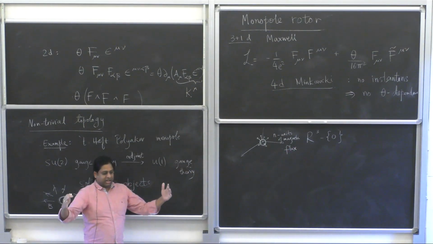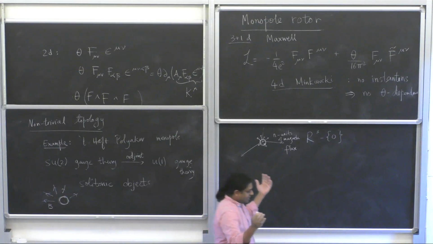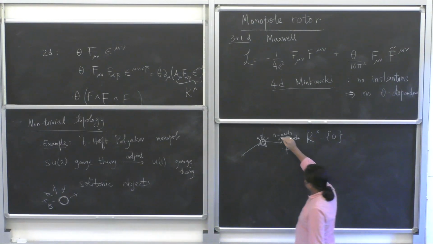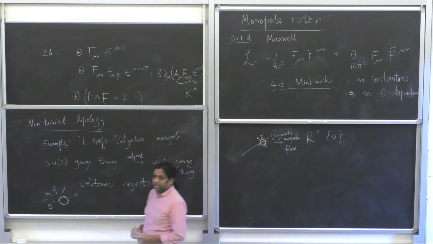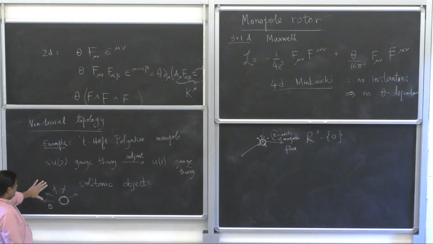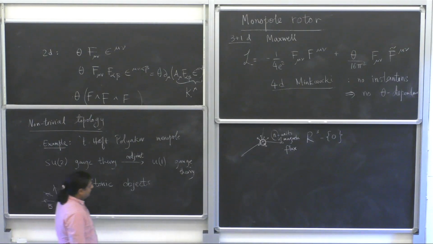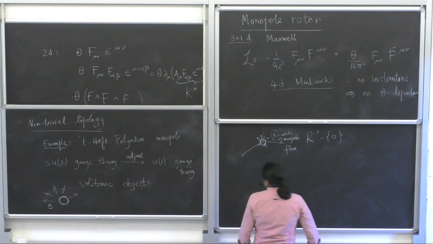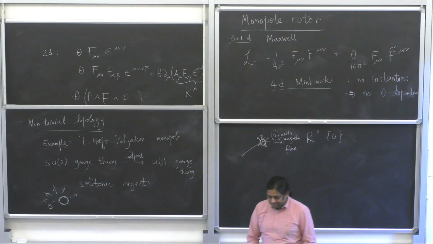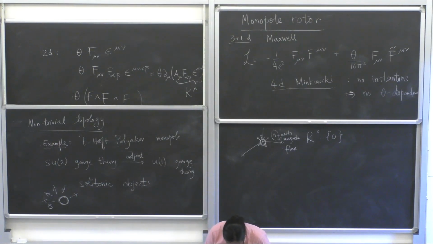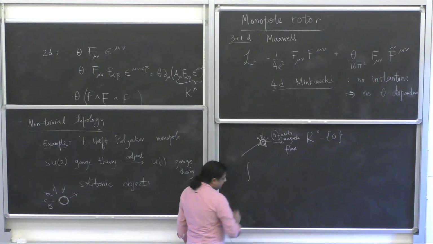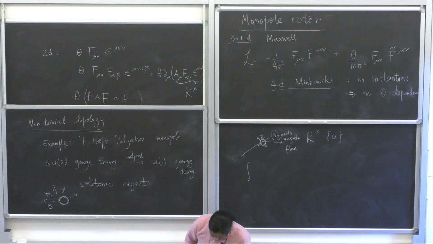So if you draw any sphere around the origin, the magnetic flux on that sphere would be n. This is equivalent to describing the physics of a magnetic monopole in the 't Hooft-Polyakov sense. All right, so let's see what that gives us. We can write our 4D Maxwell action.